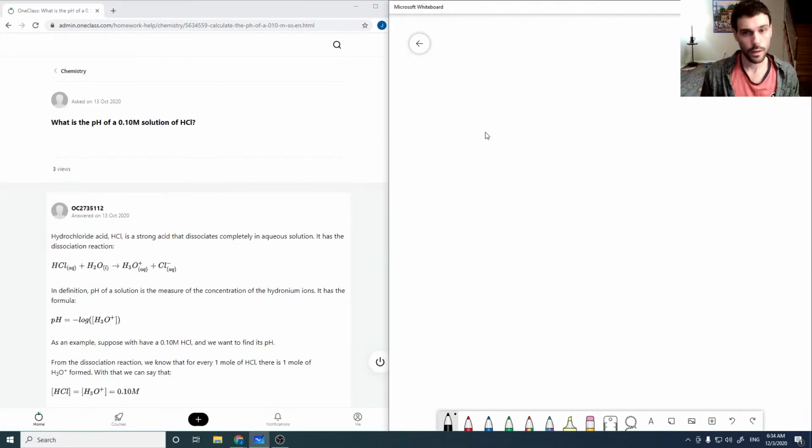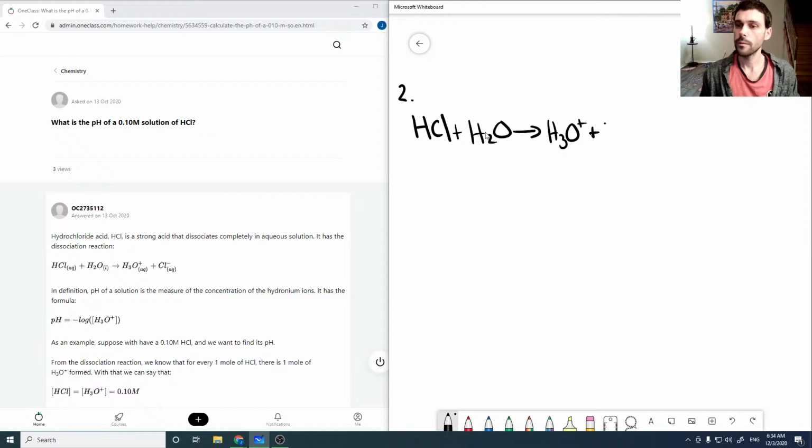Okay, for the next one, what is the pH of a 0.1 molar solution of HCl? Again, HCl is a strong acid, so we assume that we get complete dissociation. That means that if we have 0.1 molar initially, then it completely dissociates, giving us 0.1 molar of each of the product ions.